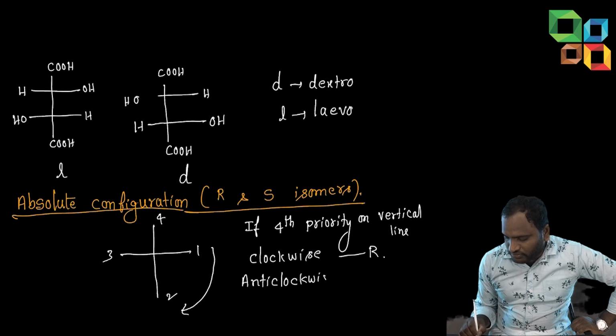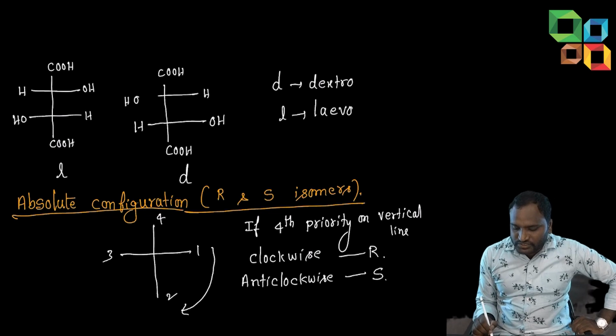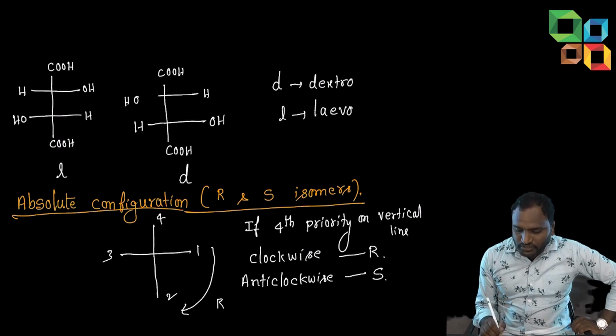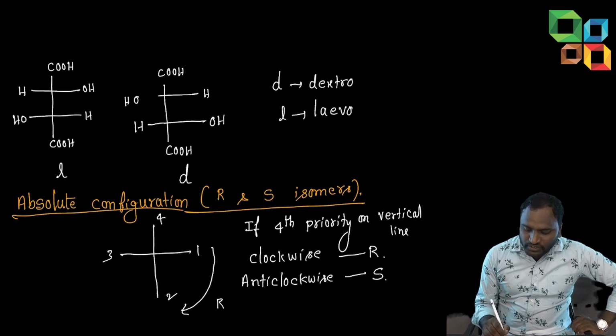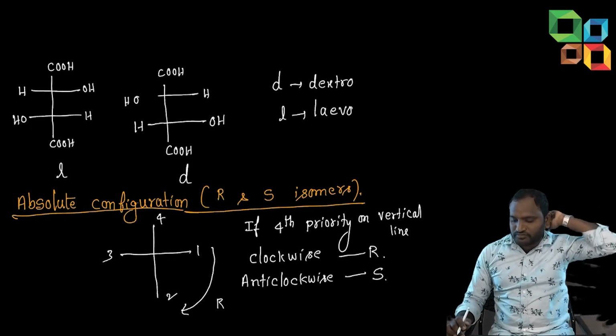While applying to compounds, you will get more clarity. So now this is R configuration. If the fourth priority is on the horizontal line, priority moving left to right means clockwise direction.